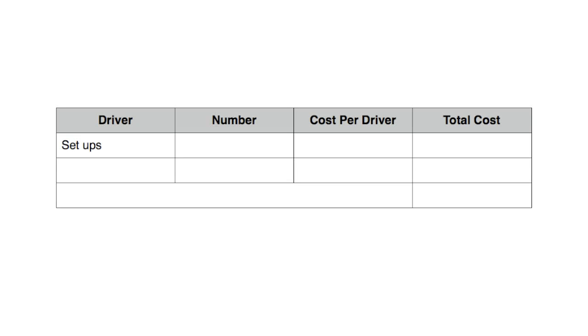So for the number of setups, we have 20. So it needs 20 setups for each unit of production of A. The cost per driver is 500, so 20 times 500 gives us 10,000 for our setups. So 10,000 allocated to a unit of A. Inspections, well, we need 2 inspections per unit of A. The cost per inspection is 1,000, so the total cost is 2,000.